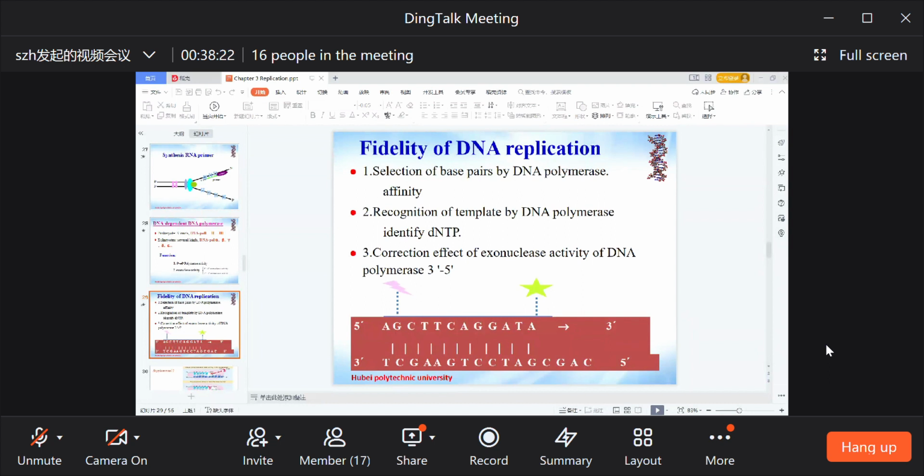Gamma synthesizes the mitochondrial DNA, delta synthesizes the leading strand, and epsilon also takes part in DNA repair. The dots mean that maybe in the future other kinds of DNA polymerase will be found in eukaryotic organisms.